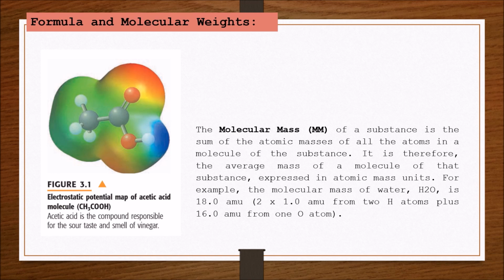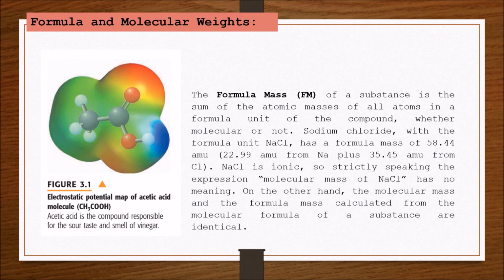Okay. So formula mass. Formula mass of a substance is the sum of the masses of all atoms in a formula unit of a compound, whether molecular or not. For example, sodium chloride has a formula unit of NaCl and has a formula mass of 58.44 AMU.